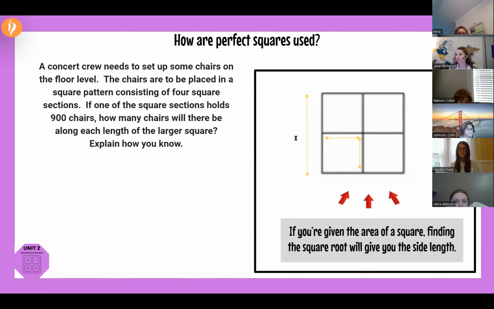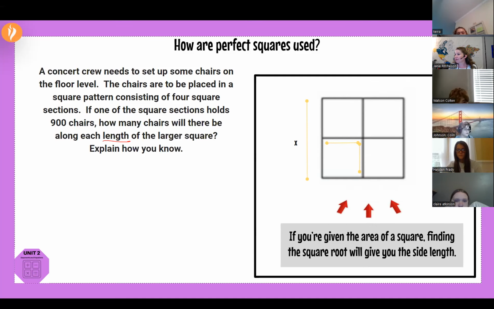What's the answer? Send me the answer. No one has it yet. I know, but the question is, how many chairs will there be along each length? The length, yeah, the length.